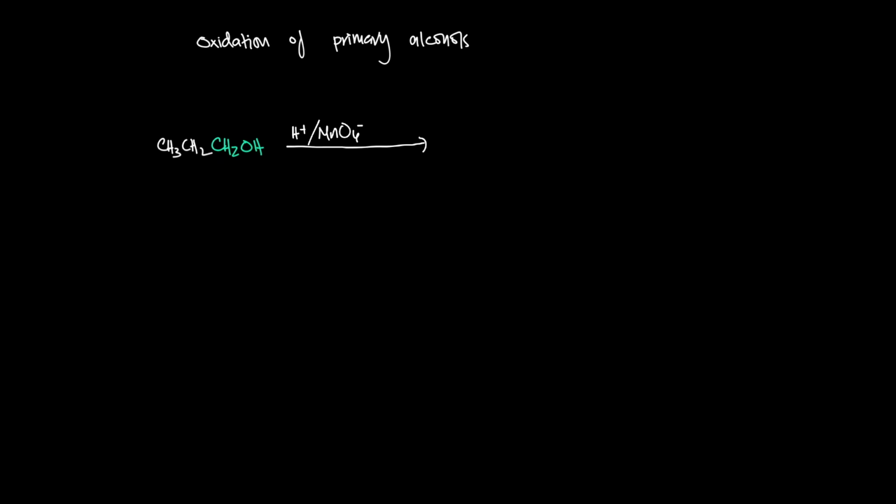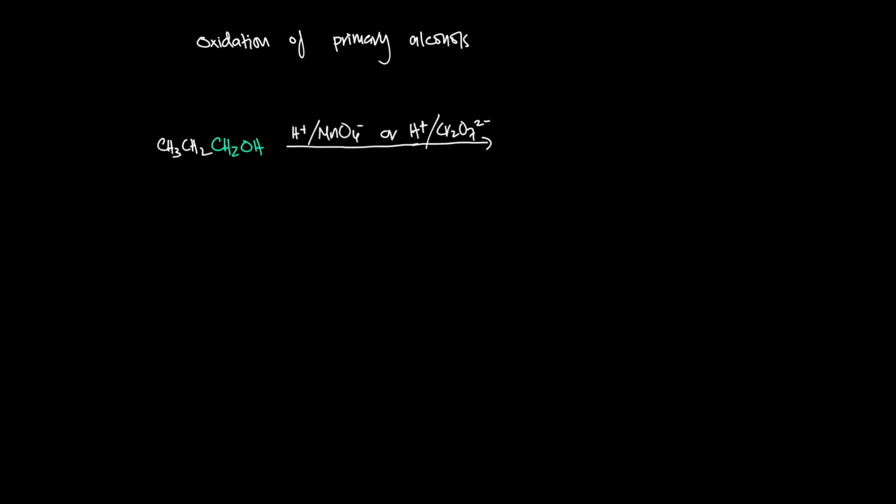The other one, does anyone remember? I can use acidified potassium dichromate, Cr2O7, that's the dichromate(VI) ion.